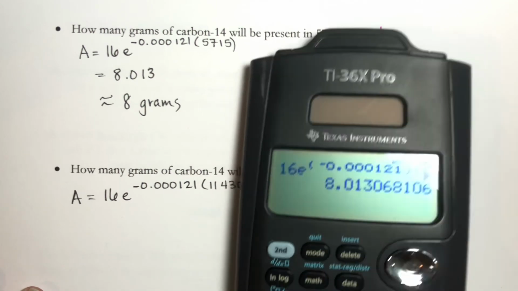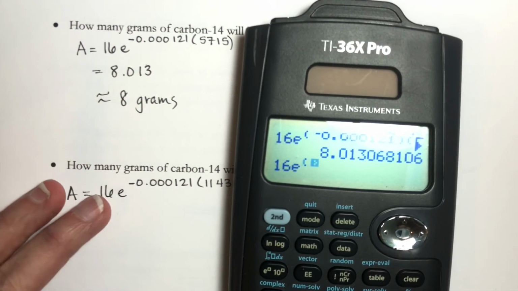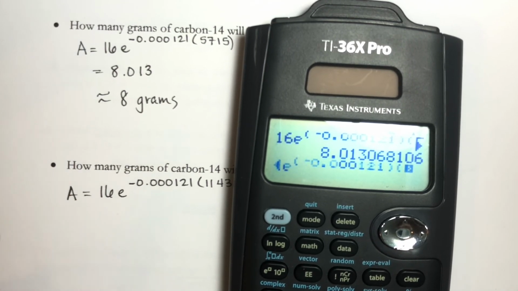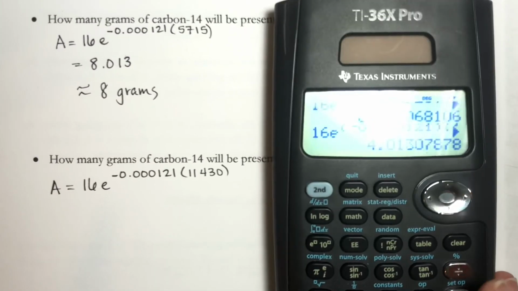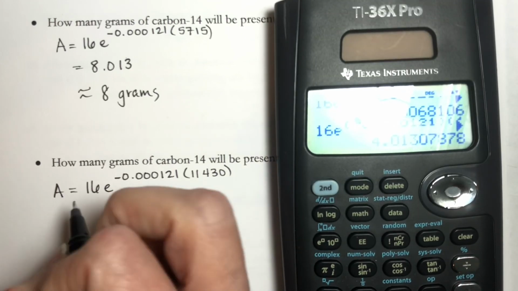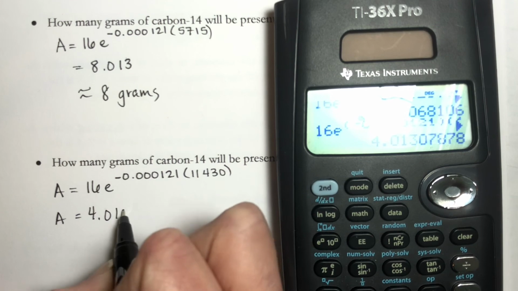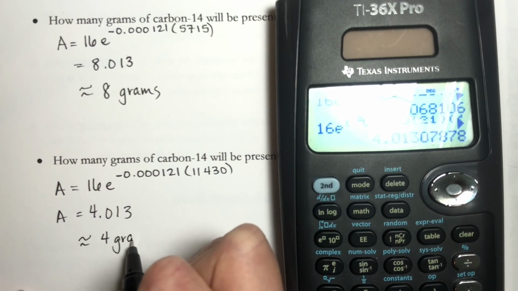So 16e to the negative 0.000121 times 11430 is about 4. So our A is about 4.013, or about 4 grams.